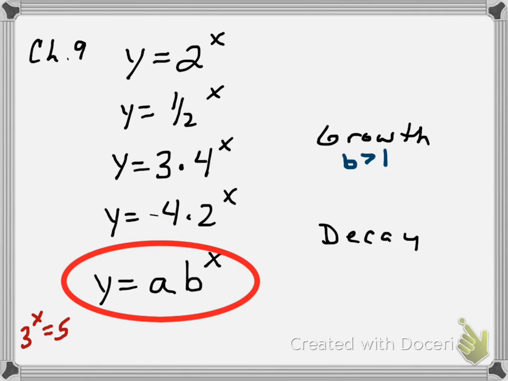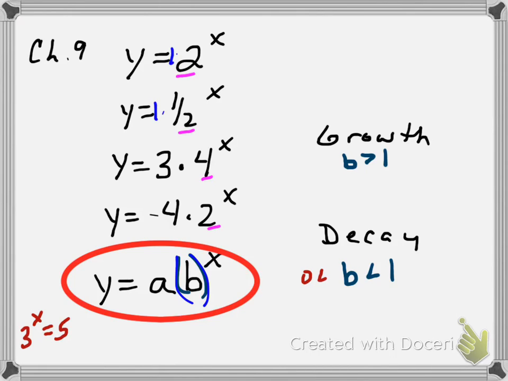I'll be giving you several examples as we go of different types of growth equations and decay equations and real-life examples. It is a decay equation if b is between 0 and 1, because I told you it's not going to be negative.